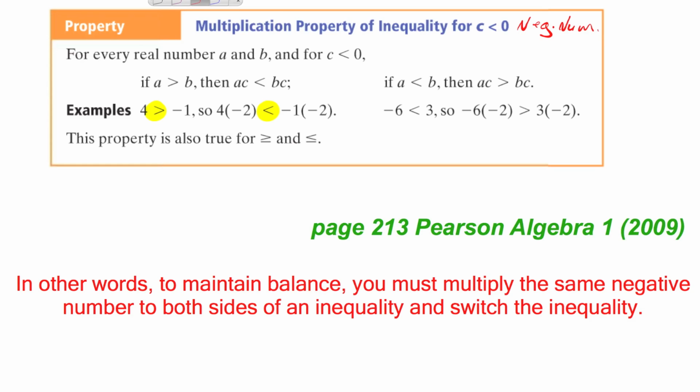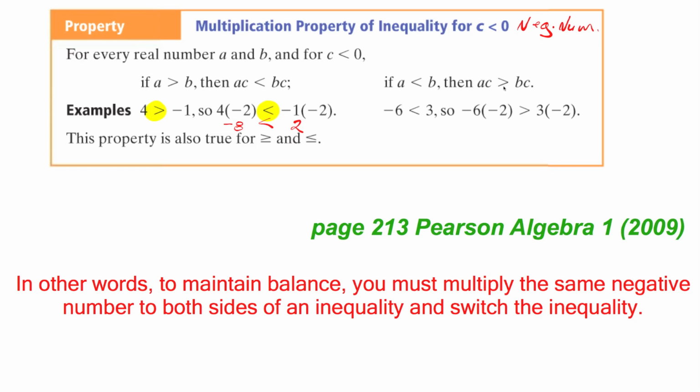And if we take a look at it with these numbers, 4 is greater than -1. So when we multiply both sides by -2, we end up with -8 and +2. And to maintain the inequality, we have to switch it around. If we leave it, it's not true and it's not going to be solved properly. Over here we have, if a is less than b, then a times c is greater than b times c.